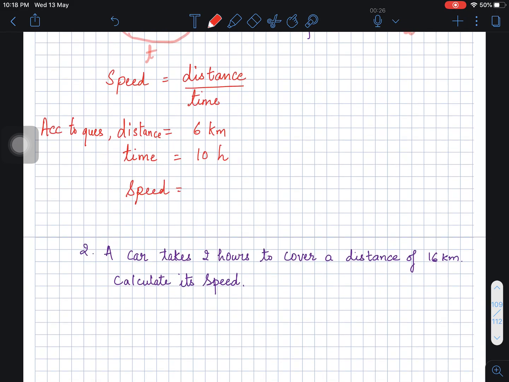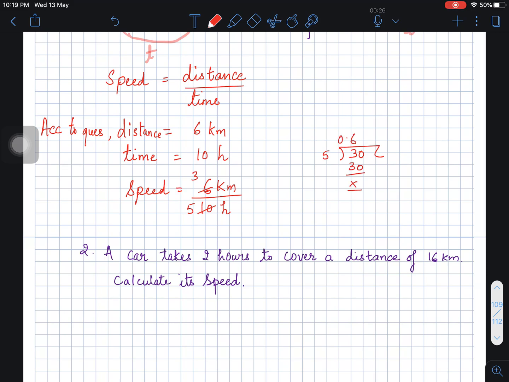So speed is equal to 6 kilometer upon 10 hour. You can cut this, or you can straight away put a decimal, it's really up to you. If it is 3 by 5, and you divide 3 by 5, first you put a decimal, you get 30. 5 sixes are 30, so you get 0.6.